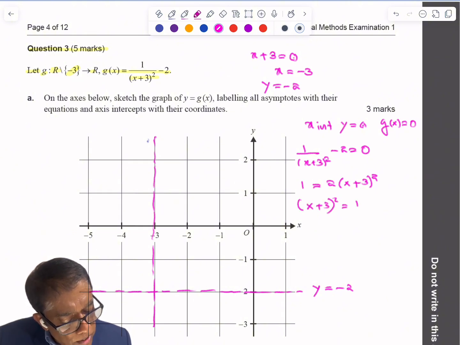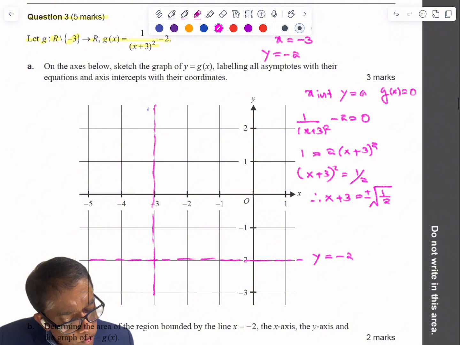Therefore, x plus 3 is equal to plus or minus the square root of 1 over 2. x is equal to negative 3 plus 1 over square root of 2, or x is equal to negative 3 minus 1 over square root of 2.